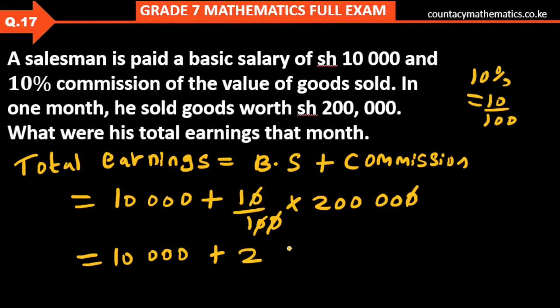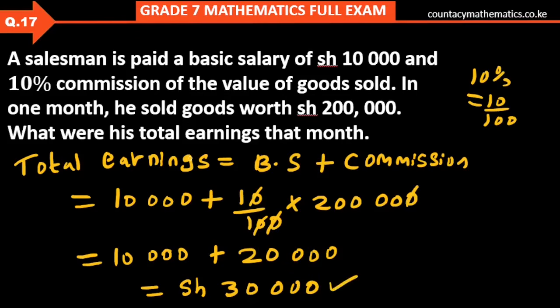So you can write in such a way that there is a small space between the first zero and the zeros that follow, so that you can see clearly that this is 20,000, such that you can easily work out 10,000 plus 20,000, which is equivalent to 30,000.